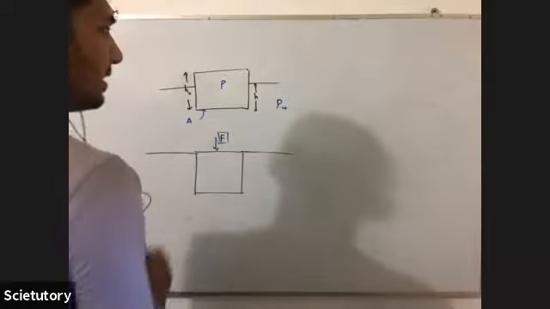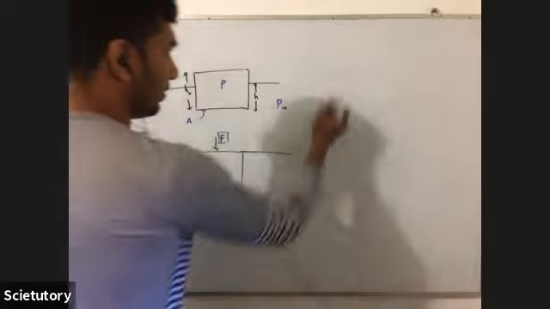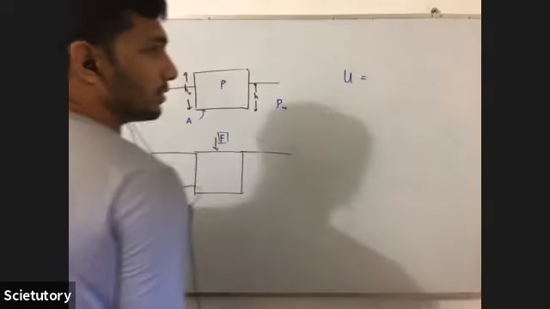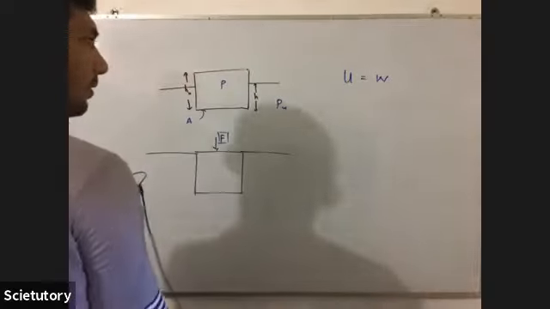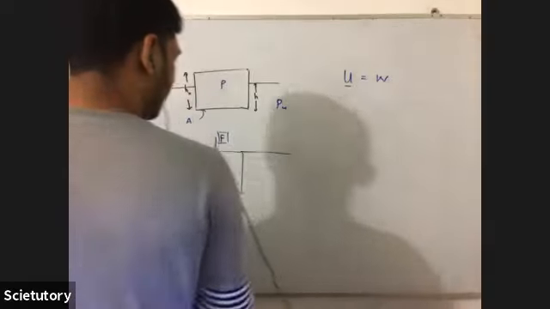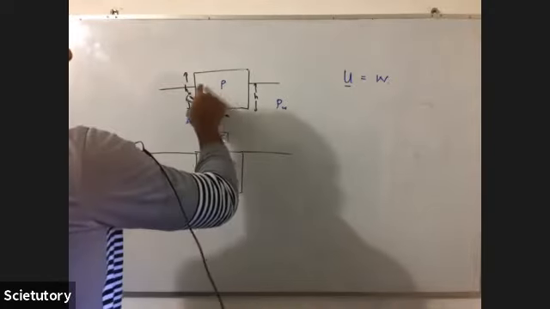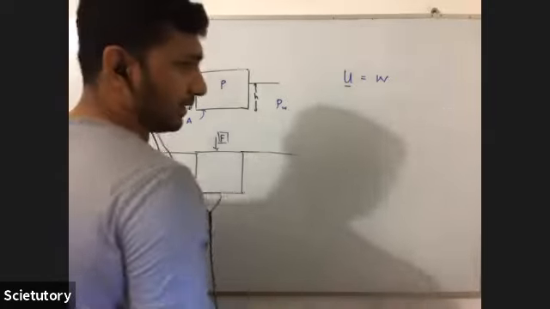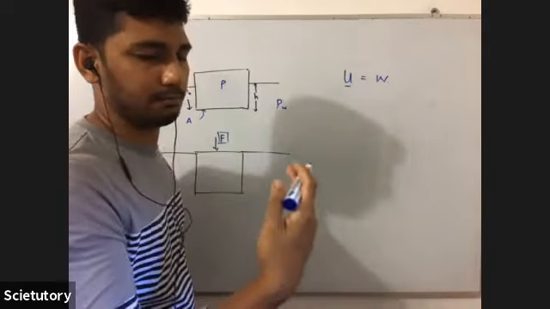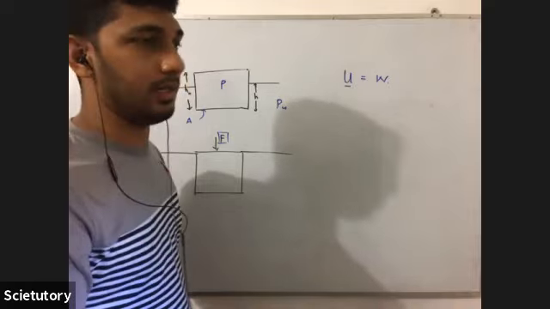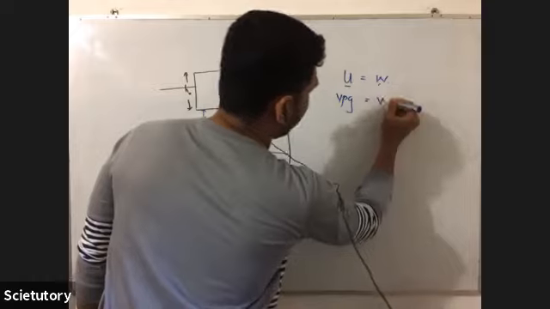How? Let's analyze it. Let's apply the law of flotation here. To float, the upthrust U should be equal to the weight mg. Now the upthrust U is actually equal to the weight of water or liquid displaced, so this is V rho G. This is W always.